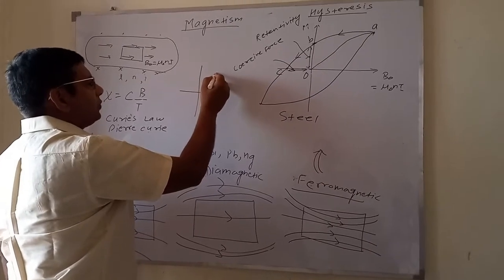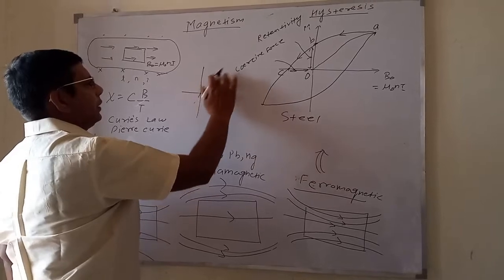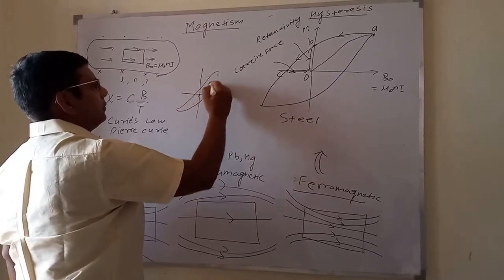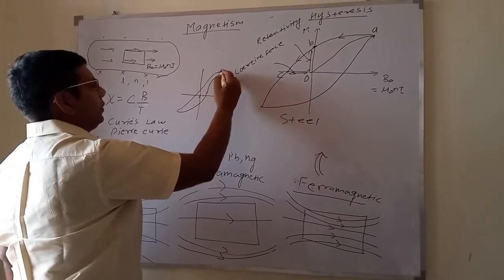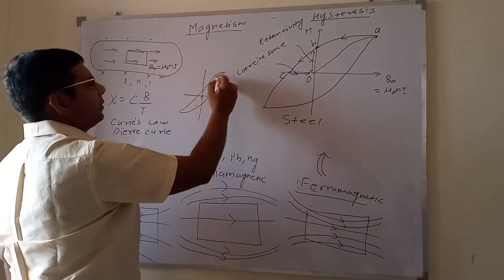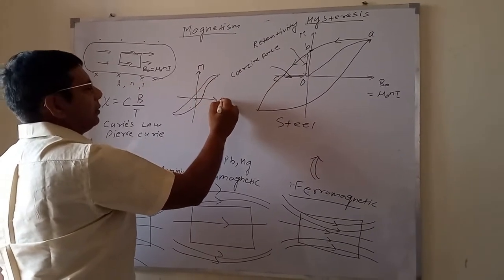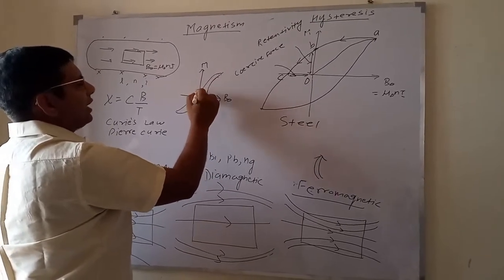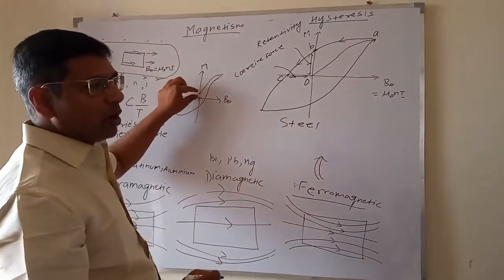In the case of soft iron, you can get this kind of graph. Here you can see that it is small, and in some materials it is very, very small, even zero.